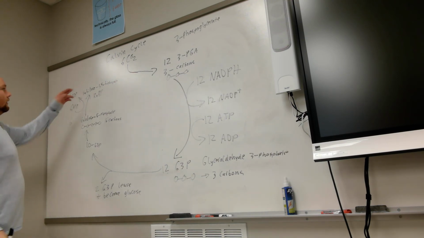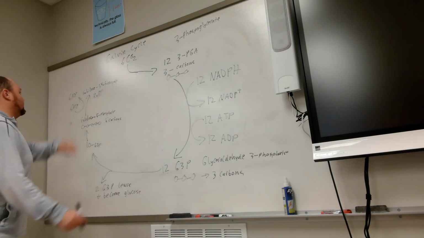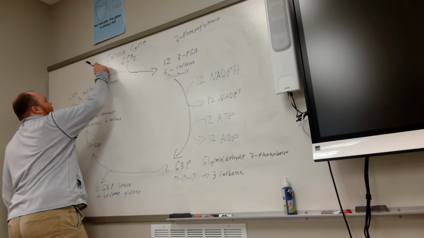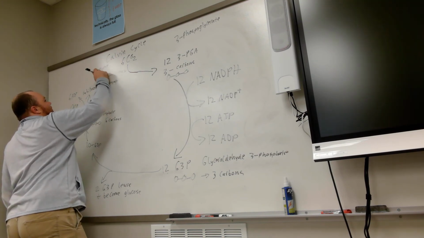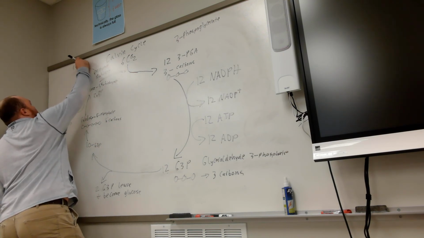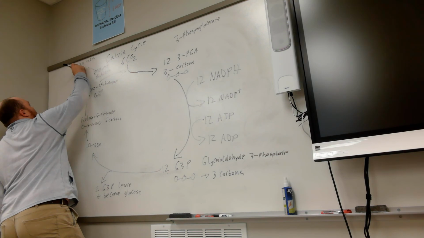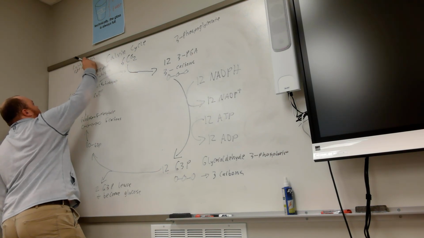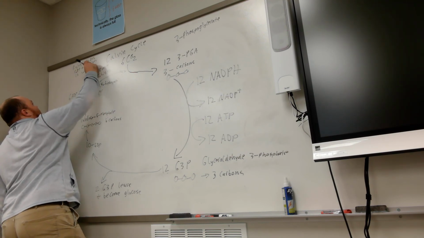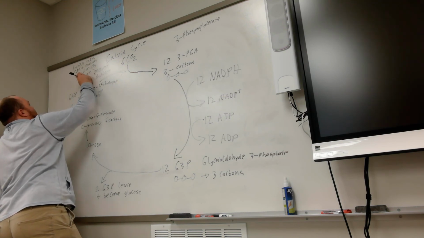All right? This right here is what combines with the CO2 to make this whole cycle start again. And in order to do that, we need this enzyme called Rubisco. Okay? And Rubisco takes RuBP and combines it with CO2 to make 3-PGA.